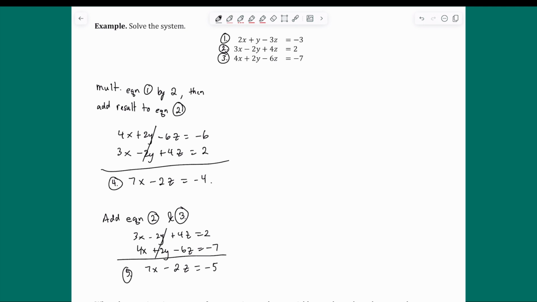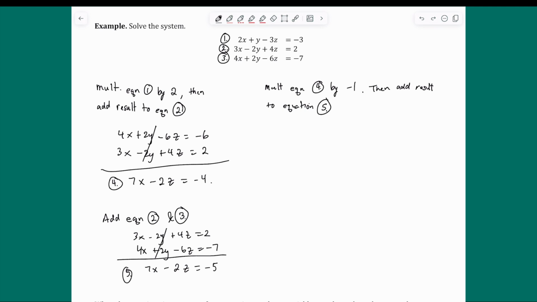So to see this, let's go ahead and multiply equation 4 by -1, then add the result to equation 5, basically to eliminate, say, x, for instance.